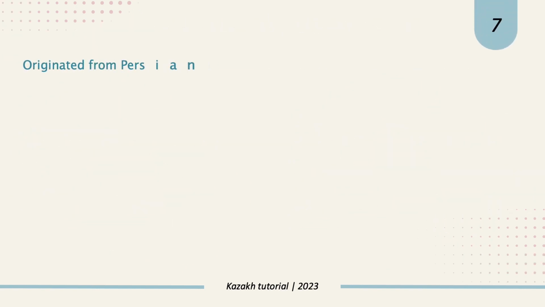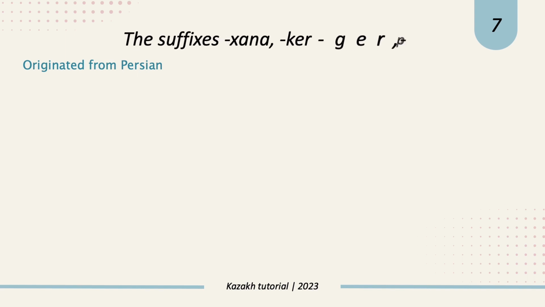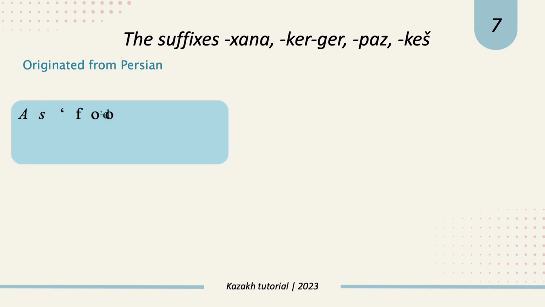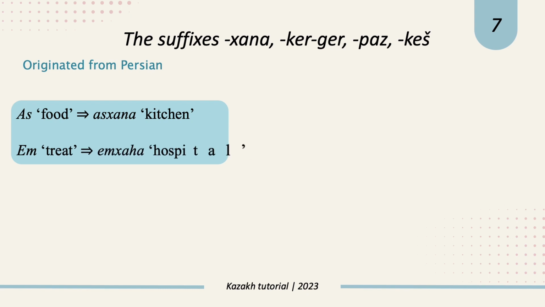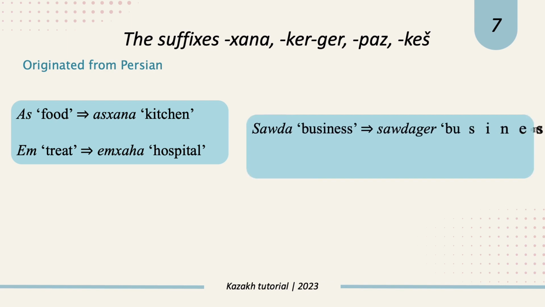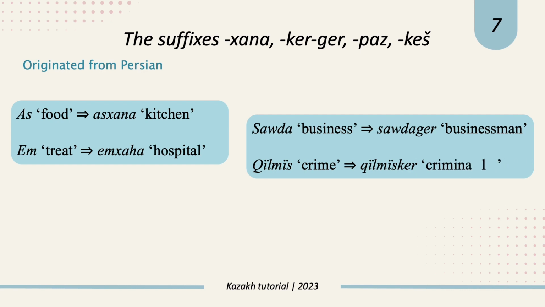There are several derivational suffixes of Persian origin, such as -khana, -kir, -gir, -paz, -kesh, and so on. For instance, as, food, askhana, kitchen; im, treat, imkhana, hospital. Sauda, business, saudagir, businessman.